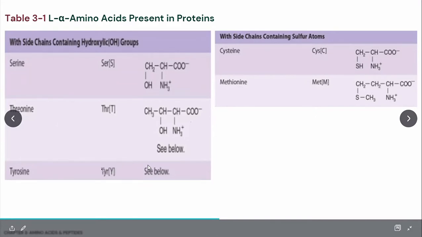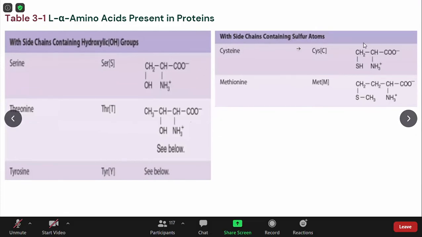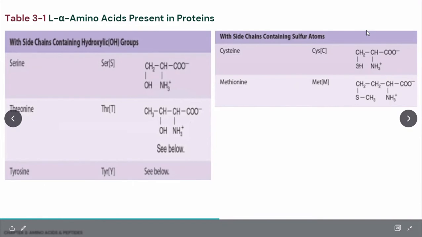Tyrosine contains a hydroxyl in its aromatic group. Okay. Then we have sulfur containing. We have only 2, cysteine and methionine. So you have here sulfur, ethyl group, and methyl thio for your methionine. Okay.